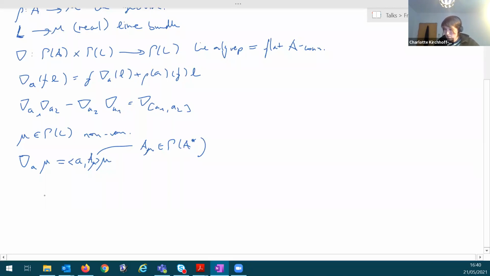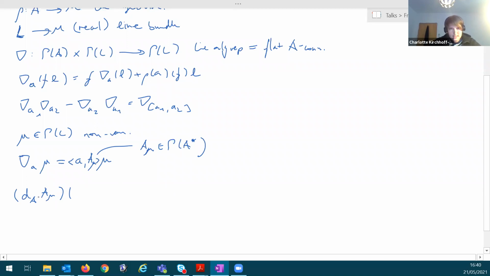Okay, and now what you can work out is that A star and its alternating tensor powers are equipped with a differential complex as the dual of a Lie algebroid.